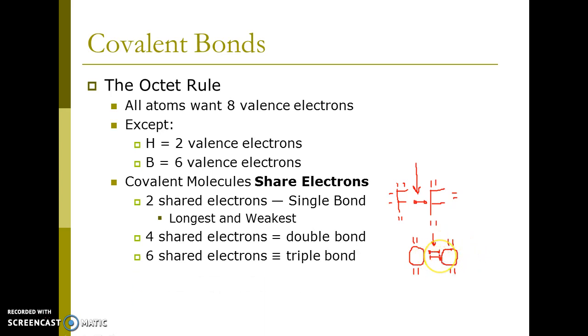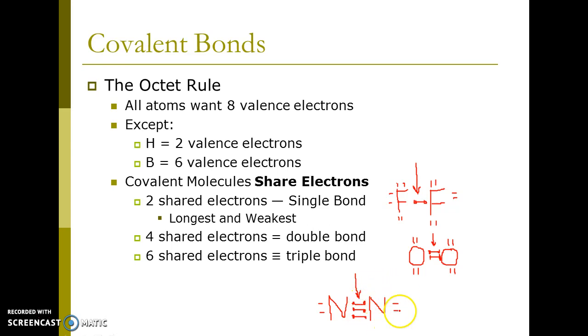The last type of covalent bond we're going to talk about is what we call a triple bond. Here's an example of a triple bond. We have 2 nitrogen atoms. Each nitrogen atom will have 1, 2 electrons over here and 1, 2 electrons over here. And notice how they are sharing 1, 2, 3, 4, 5, 6 electrons here.